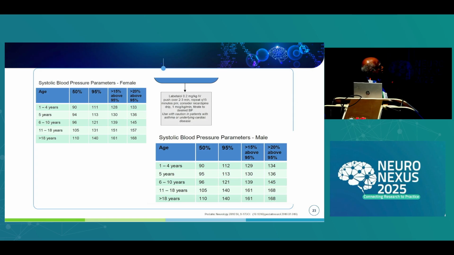The cutoff, they say, is more than 15% above the 95th centile for that age, which can range from 128 to 161 in female children and 129 to 161 in male children. This is where we need to treat and try to get it below this level.